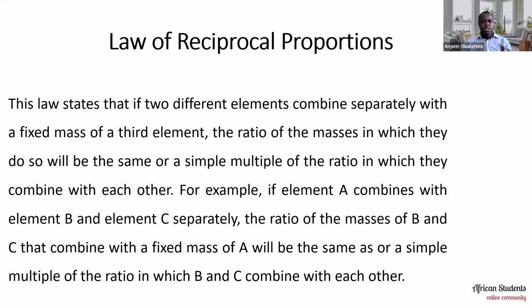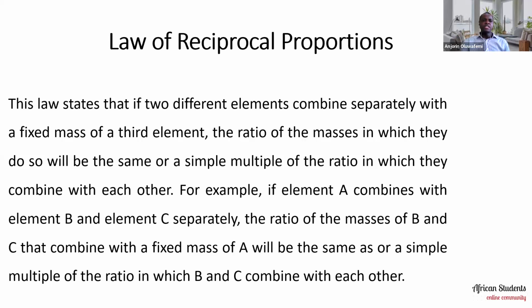For example, if element A combines with element B and element C separately, the ratio of the masses of B and C that combine with a fixed mass of A will be the same or will exist as a simple multiple of the ratio in which B and C combine with each other. That is what the law of reciprocal proportion states.